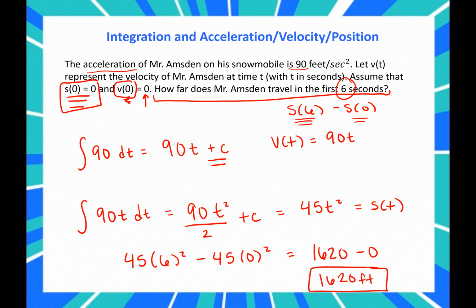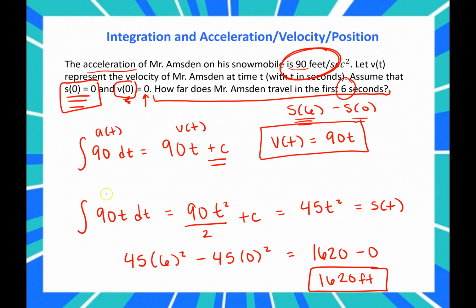So if I were to condense this particular problem, just know that we start off by integrating our acceleration function. This right here is acceleration, and that gives us our velocity function. Here we get our velocity function, in which we find that our plus c is 0 because it's starting from a stop.